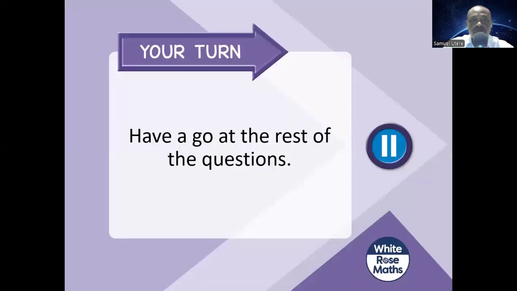I would like you to have a go at the rest of the questions. So what have we learned so far? We've learned that you can find the term of a sequence far out.